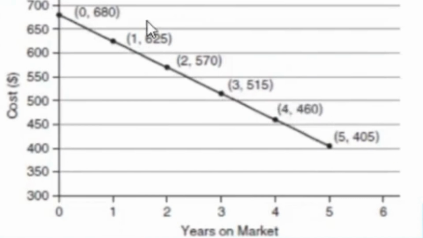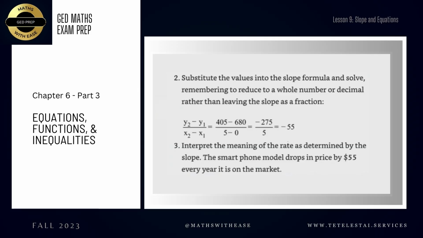So it doesn't matter which two set of points you work with, your slope will always be the same. And that's essentially what they're trying to illustrate here, that you can just choose any 2 arbitrary points that you like. Once you've done that, then you would substitute the values into the slope formula and solve, remembering to reduce to a whole number or a decimal rather than leaving the slope as a fraction.